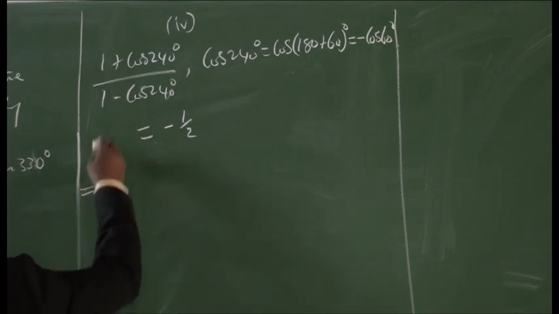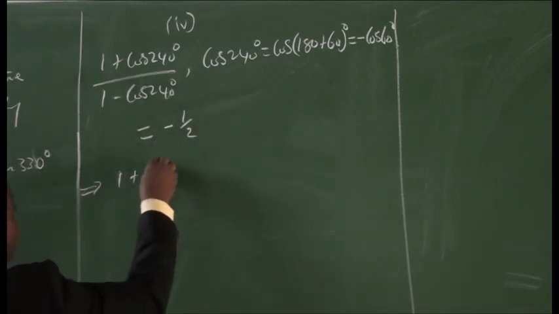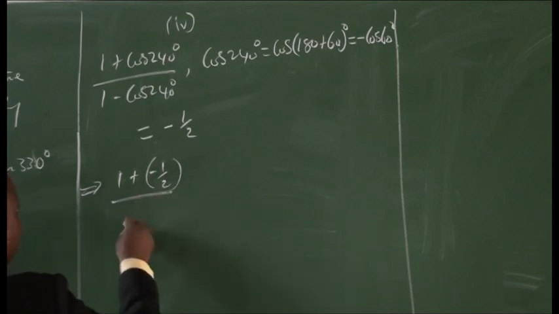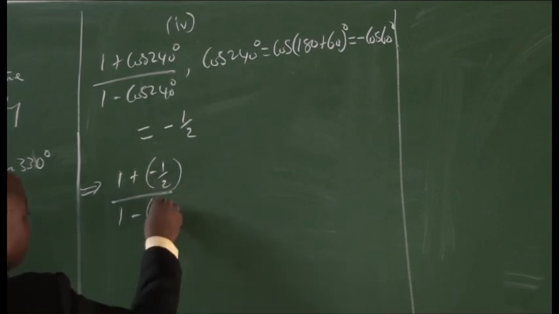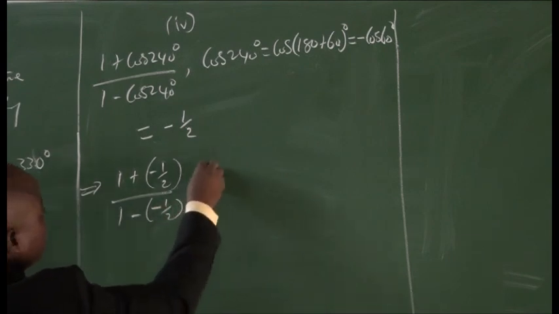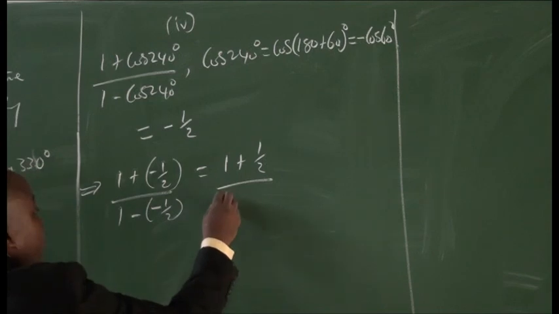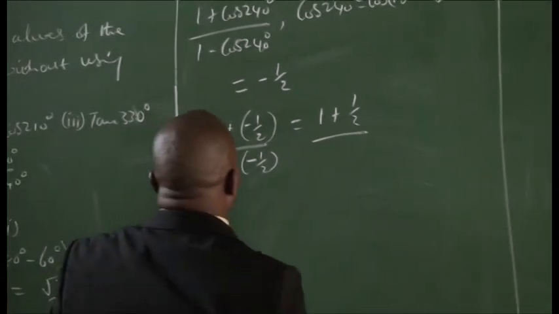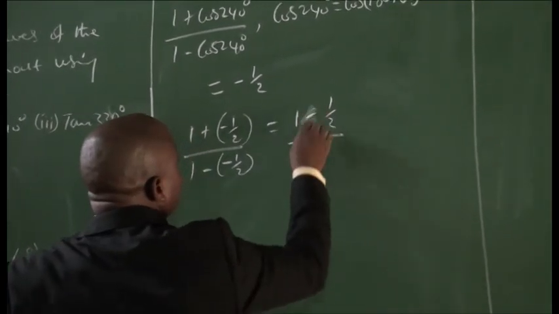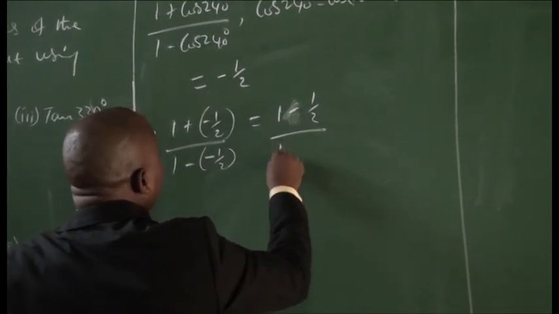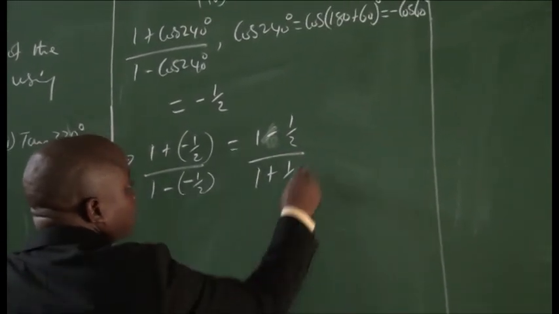And this implies 1 plus minus 1 over 2 over 1 minus minus 1 over 2. Sorry, this will be 1 minus 1 over 2, then this is 1 plus 1 over 2.